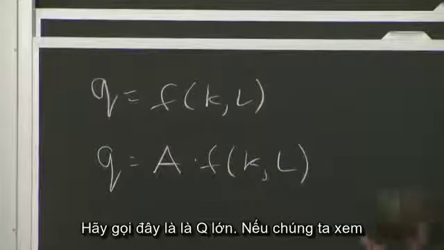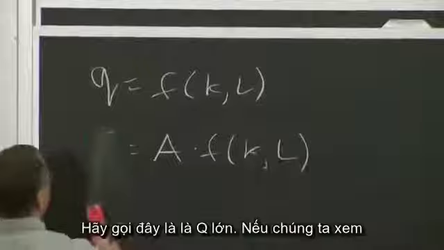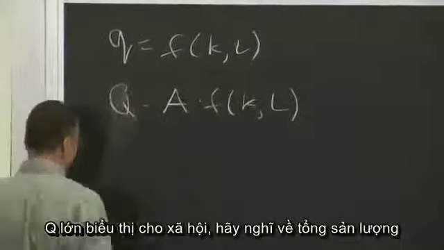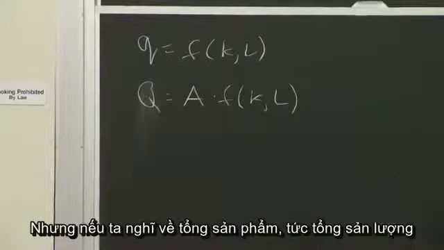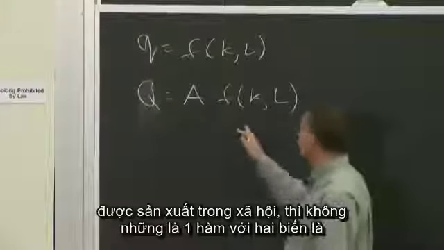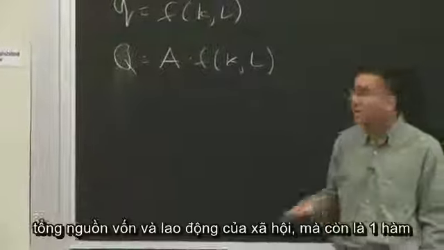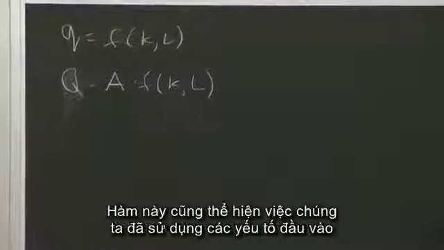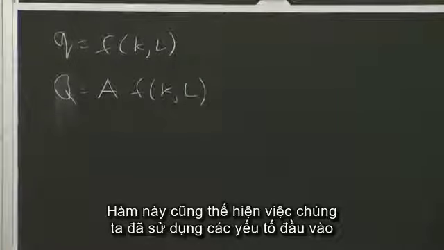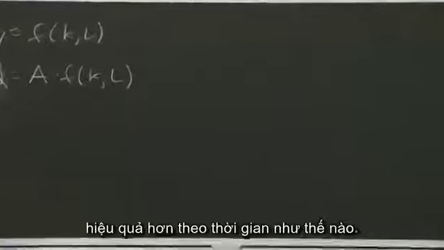Okay? Let's think of this as big Q. If we think about the big Q for society, the aggregate quantity produced in society, it's a function of the aggregate capital and labor in society, but also a function of productivity. Okay? It's also a function of the fact that we use our inputs more effectively over time.